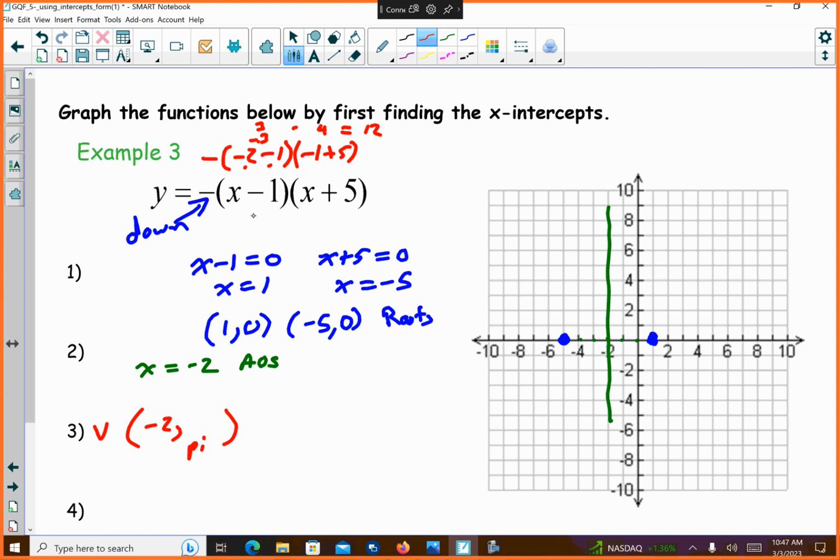No, x plus 5. Oh, wait, that's a -2 I'm plugging in. Oh my gosh. That should be a 3, right? I'm so sorry. So 3 times 3 gives me 9. All right, that works better. Look at that. Holy cow. All right, -2, +9.